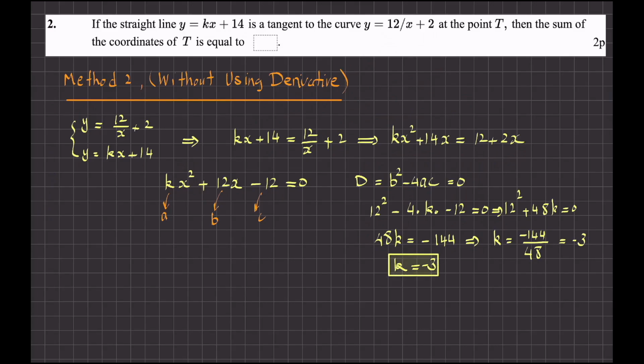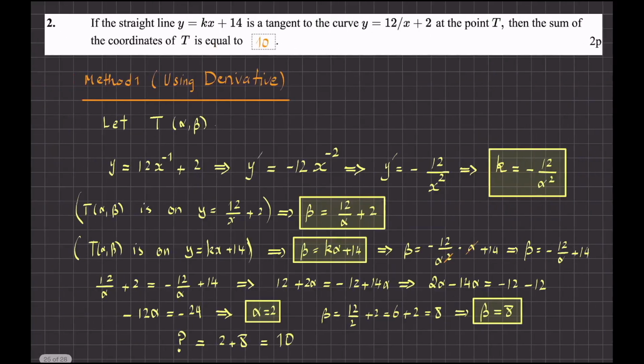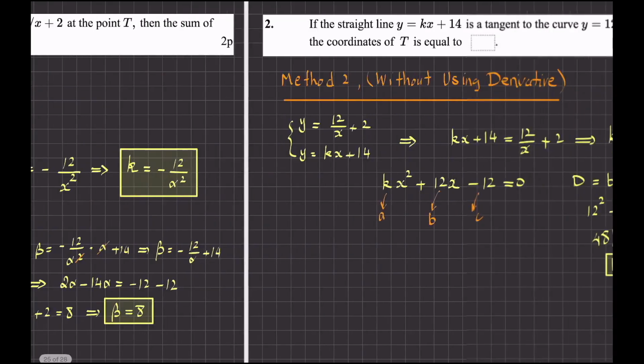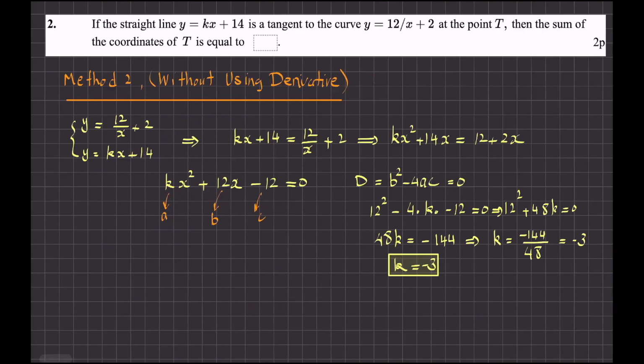Do you remember? We didn't calculate k before. The previous method, so if you don't mind, let me go back. Do you remember? In this method, using the notion of derivative, the point of tangency is derived first, and if you want to, you can find the k value. But in this new method, the k value is found first, but then if you want to find the point of tangency, what you are supposed to do is put this back into this equation and find x.